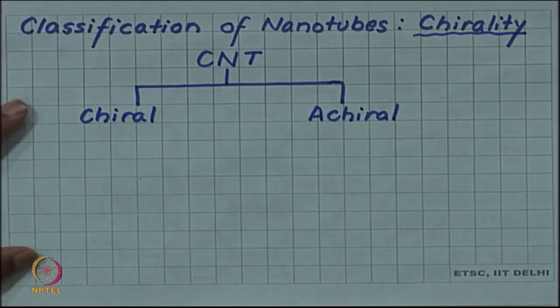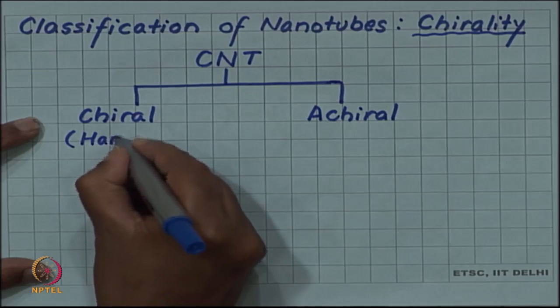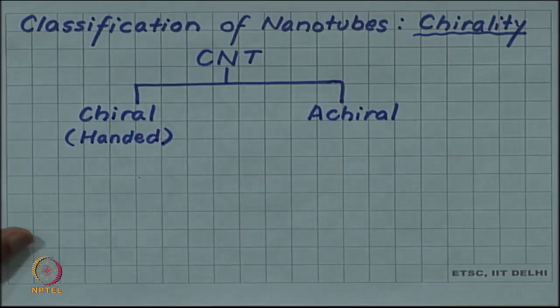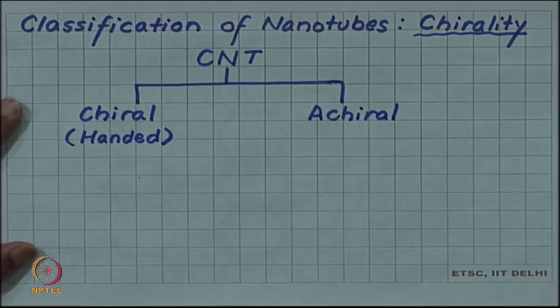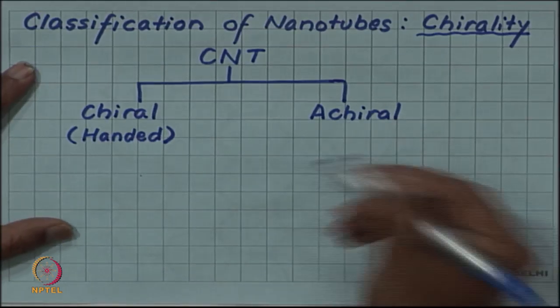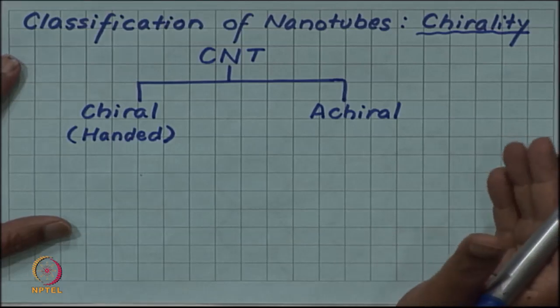Chiral is just another word for handed. When we say chiral, we mean that it has a handedness. It will come in two varieties, a right handed and a left handed version, whereas achiral will not be handed and will not have these two varieties.